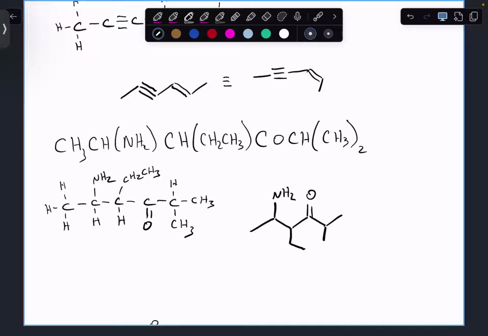Are those pairs not? It's kind of optional. If you were just drawing the molecule by itself, like we're working with today, a lot of people wouldn't bother drawing in the lone pairs.